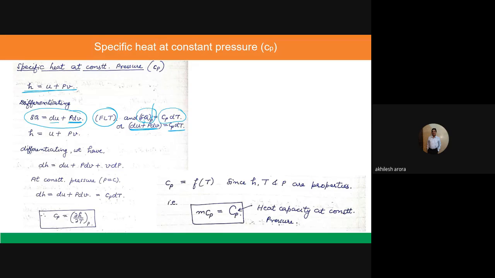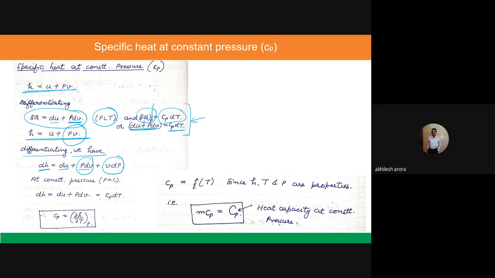Okay. Now for the time being, you focus on this equation, and now you start focusing here on what we have done actually. H is equal to U plus PV, and when we differentiate, we have dH is equal to dU, and for the first term, when we differentiate PV, one we will get PdV and other we will get VdP, considering in one case pressure as constant, in the second case volume as constant.